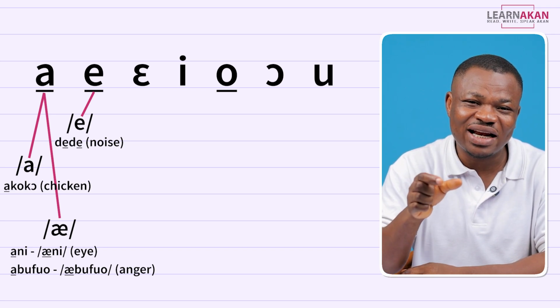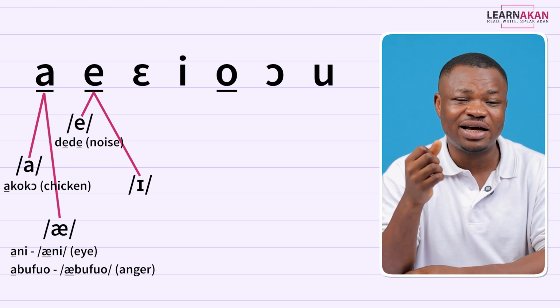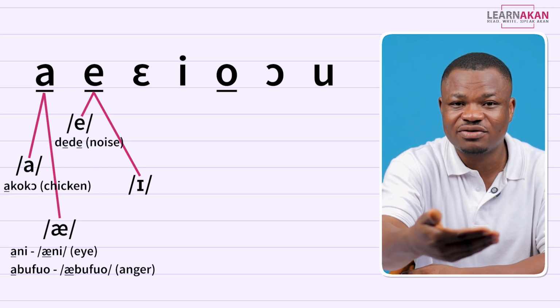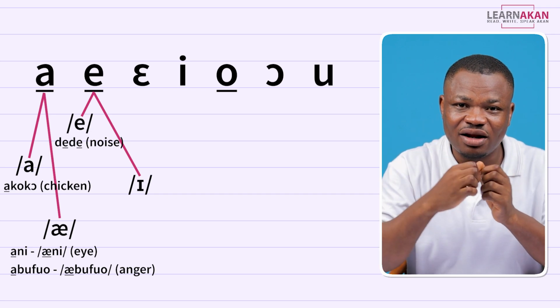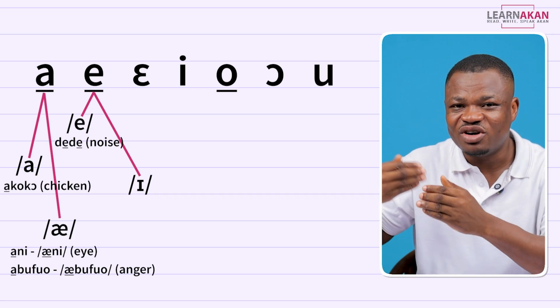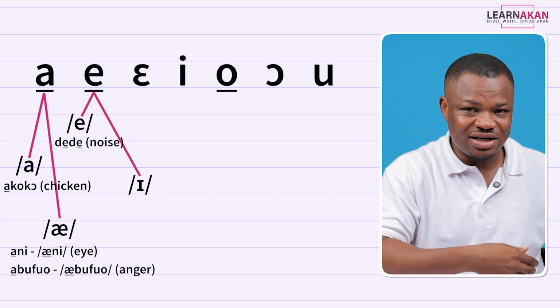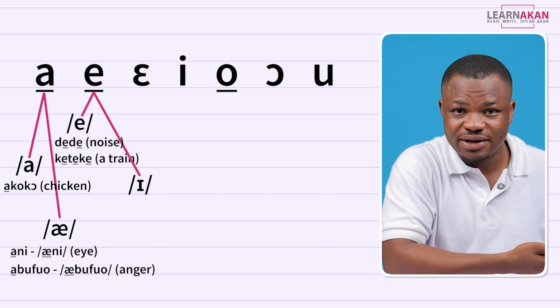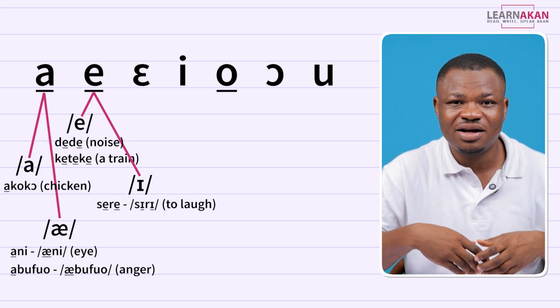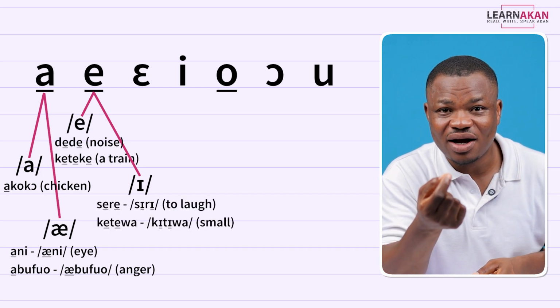But it can also be realized as I. This sound is the same sound that you find in the English word pit, for example. Pit, sit, right? So the I in the middle, this E can be realized as that, right? So we have E in dede or kiteki, right? A train. And then we have E as in siri, okay? Siri. Or ketwa.